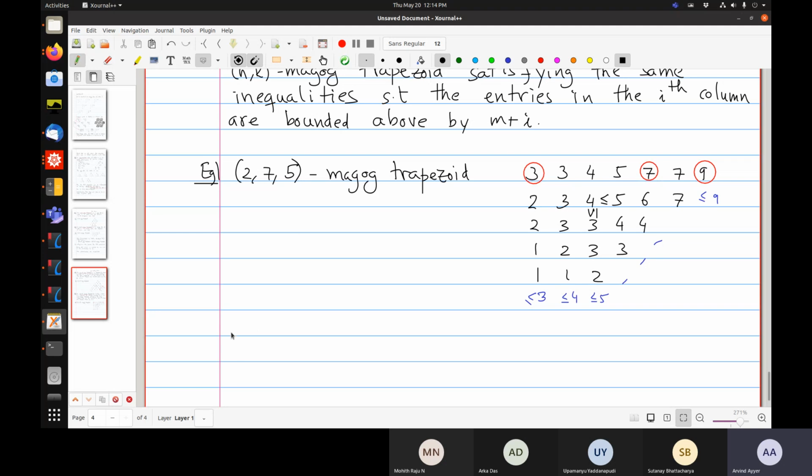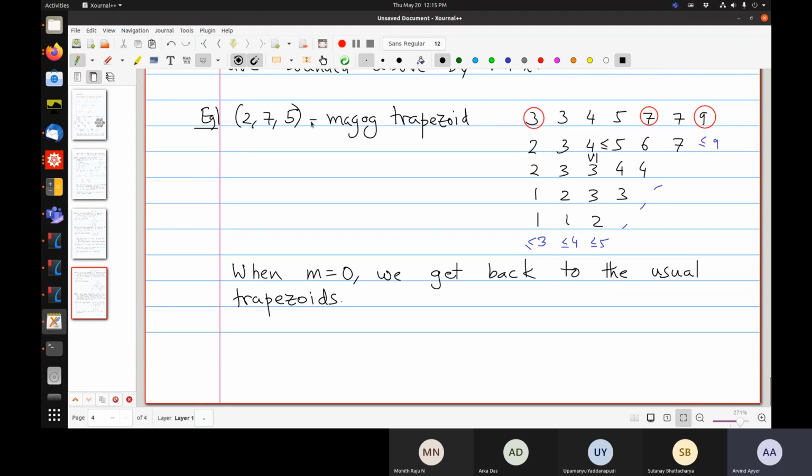So when m equals 0, we get back to the usual trapezoids of Robbins and Rumsey.